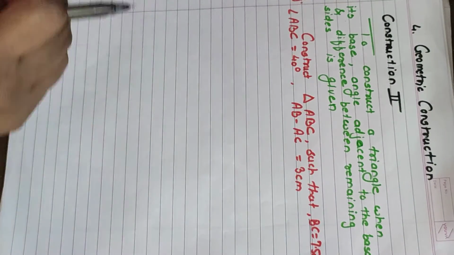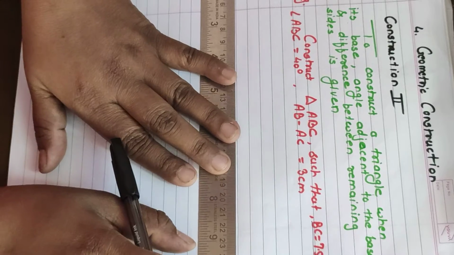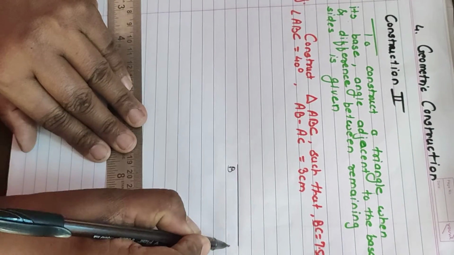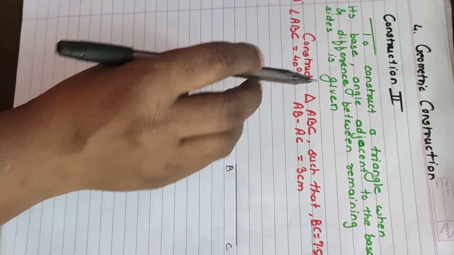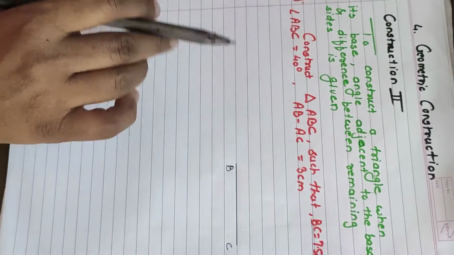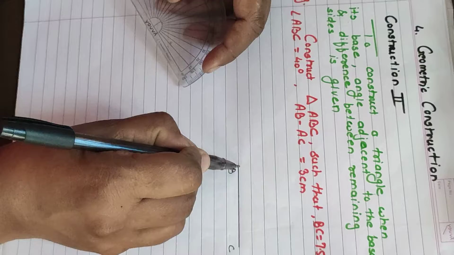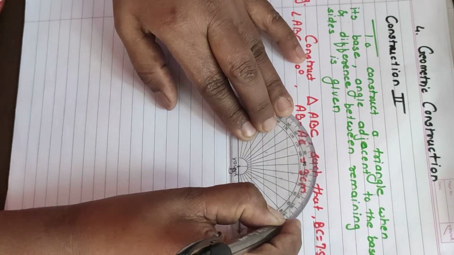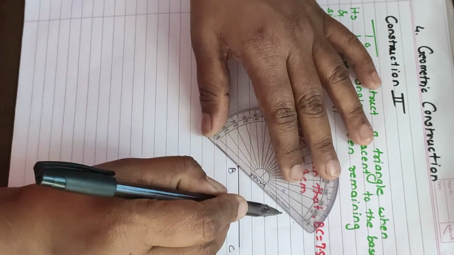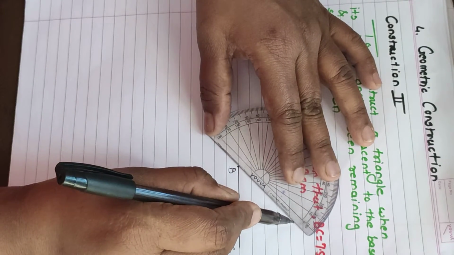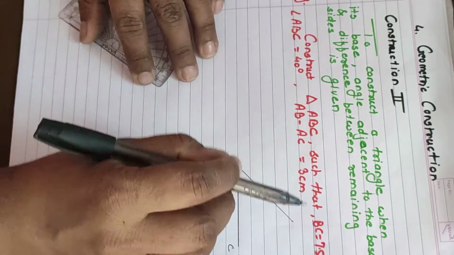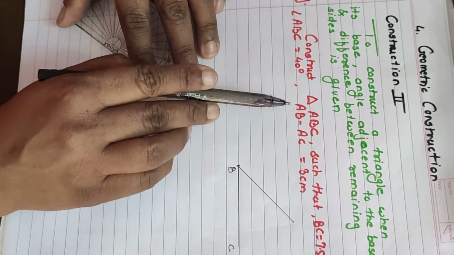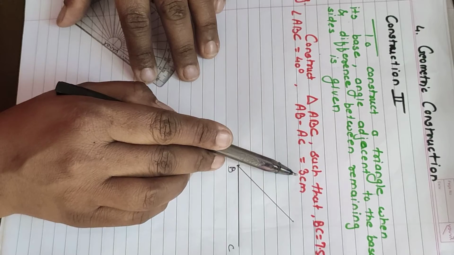So first of all we will draw BC, which is the base of the triangle. Then the angle adjacent to the base, which is angle B, its measure is equal to 40 degree. The difference between remaining sides is given. AB and AC are the two sides and their difference is given.